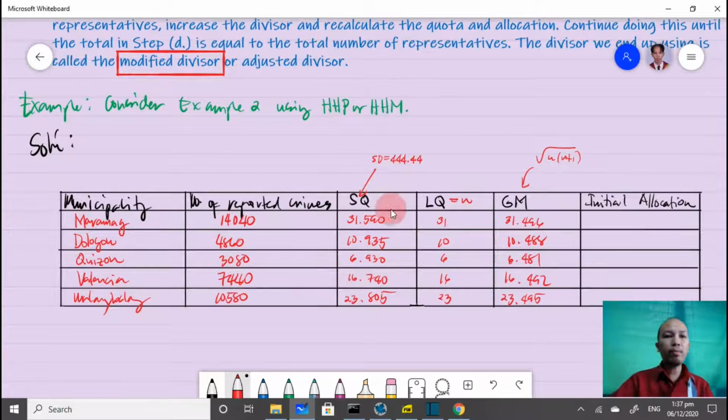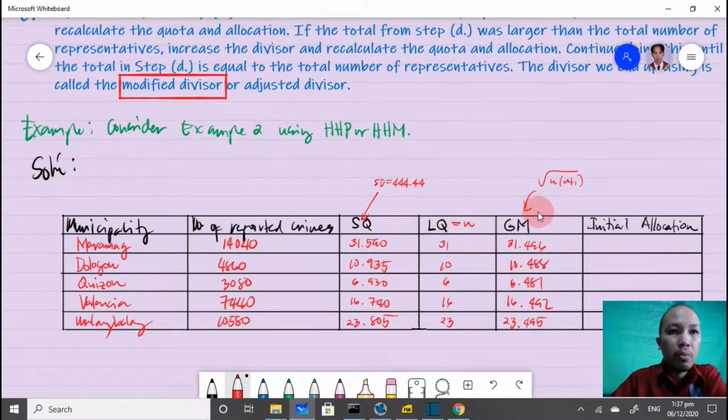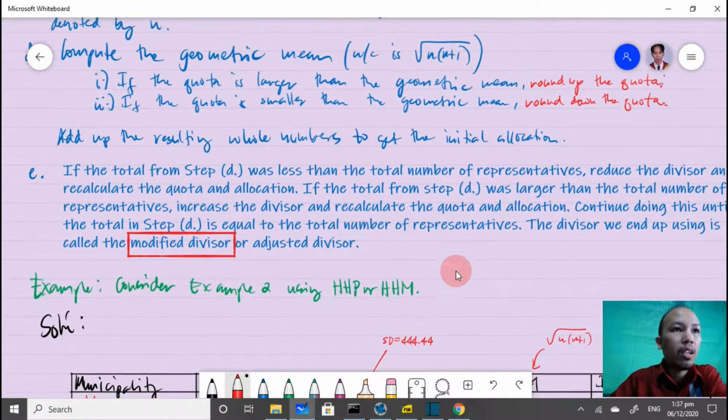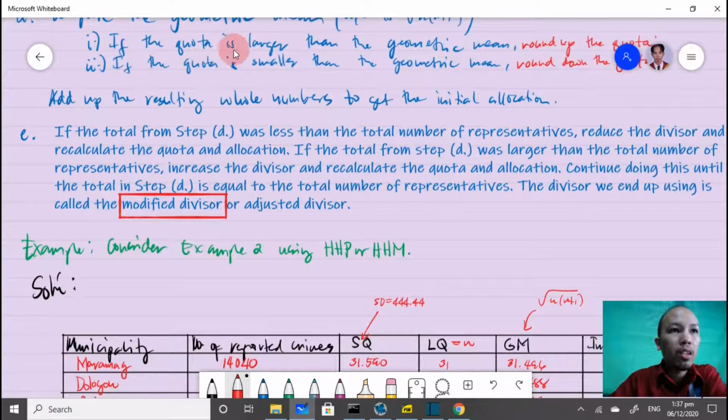Now compare the standard quota and the geometric mean. If the quota is larger than the geometric mean, round up; if smaller, round down.